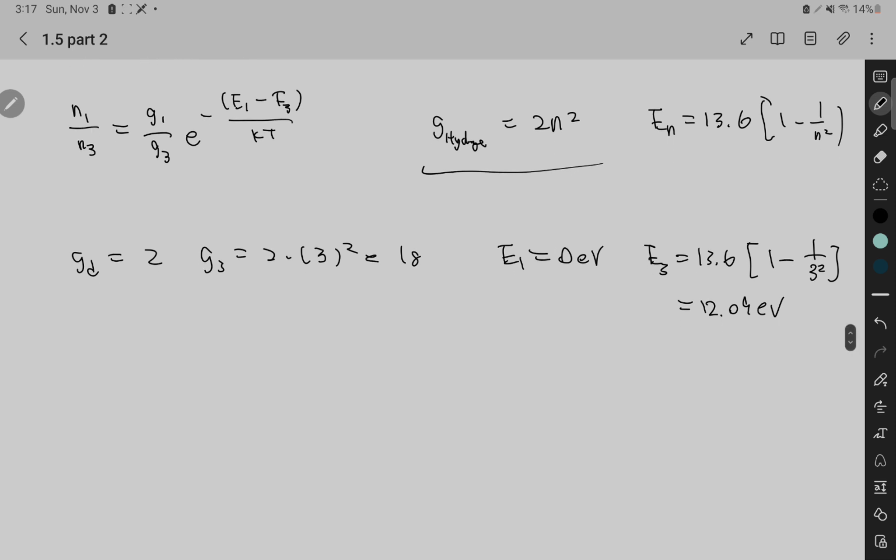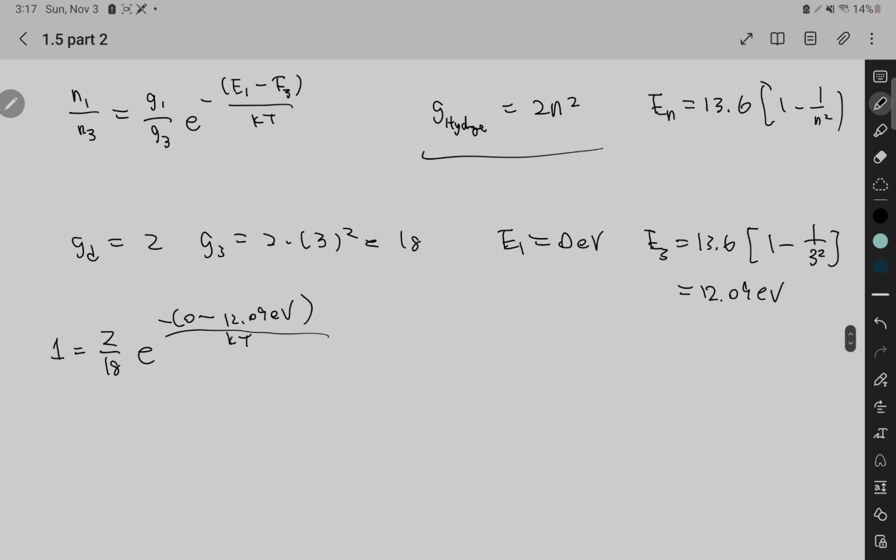So we have all the variables here. If you were to plug all of this in, we have the ratio as 1 on the left, right? And then 2 over 18 times e to the power of negative (0 minus 12.09 eV) over kT, right?